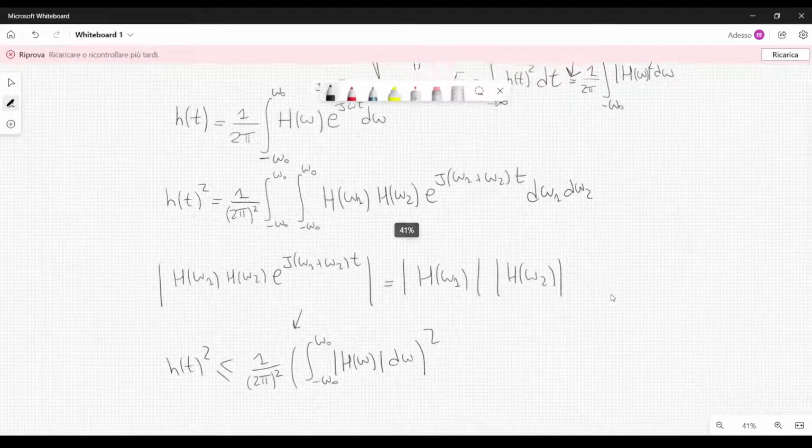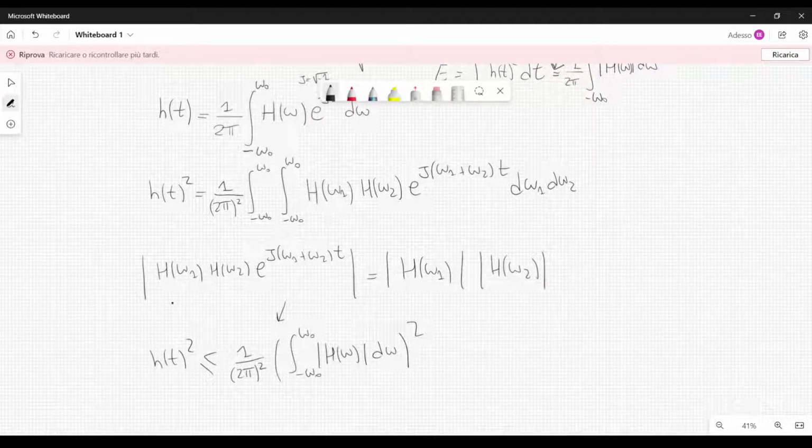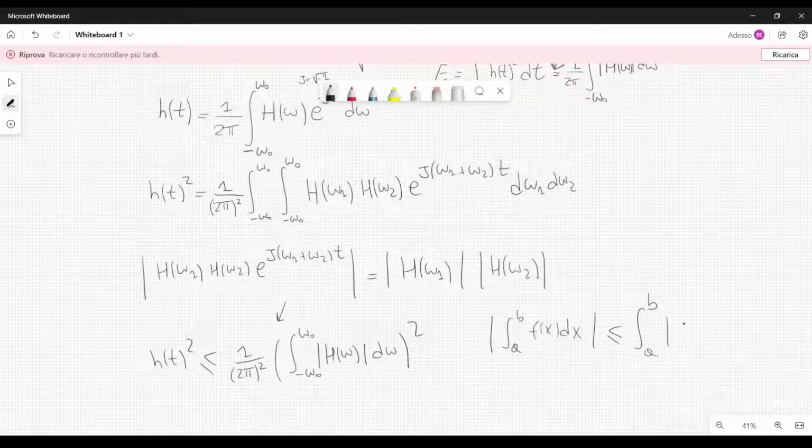And as I said, this is a simple consequence of this expression here and the fact that if I consider the absolute value of an integral, for example, let's consider a simple single variable integral, so we have the integral from a to b of f of x dx, this is less than or equal to the integral from a to b of the modulus of f of x dx.